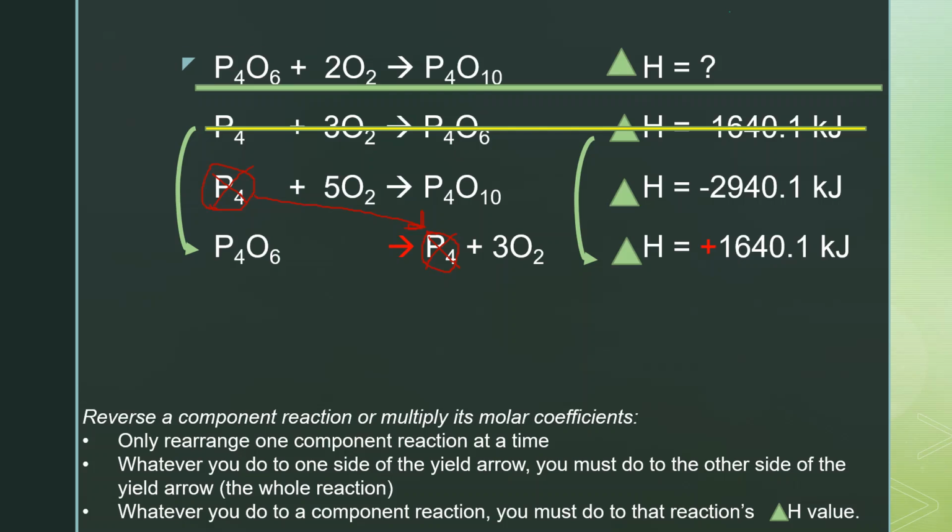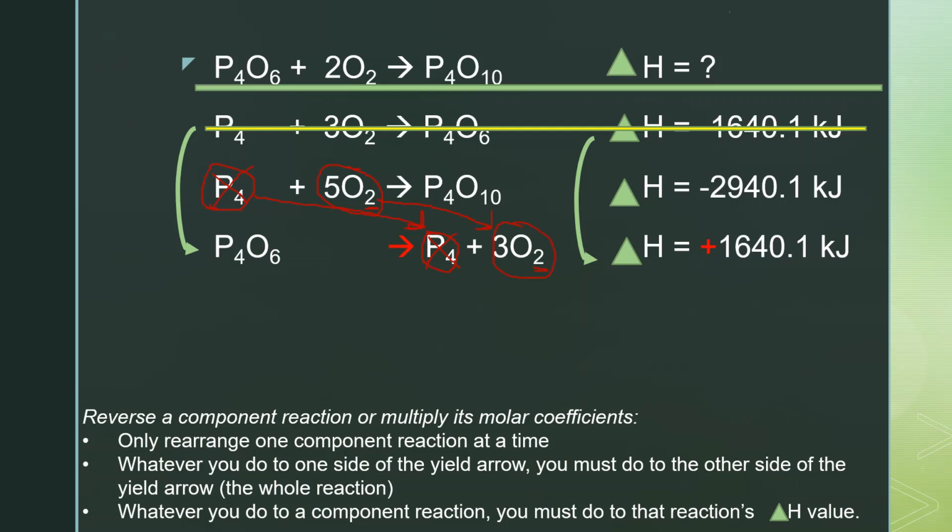Now let's go on to the 5 oxygens right over here. Let's look on the other side of this yield arrow, on the other component reaction. That has 3 oxygens. As long as they're both molecular oxygen, O2, not just plain old O, we can cancel these out. We can cancel 3 of them out.